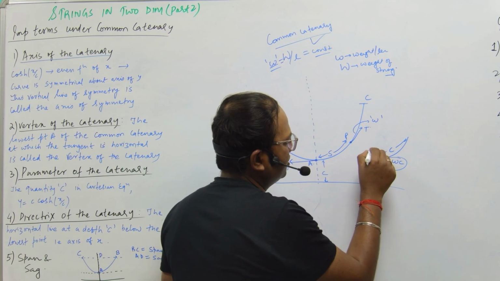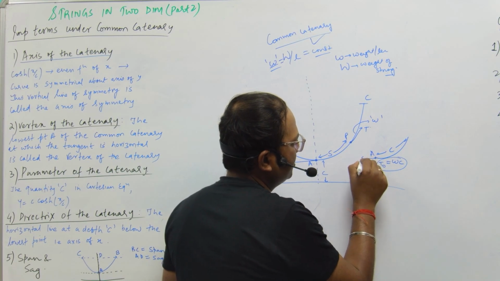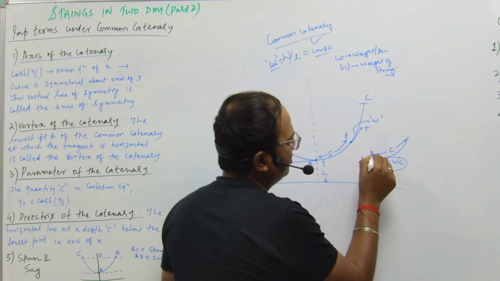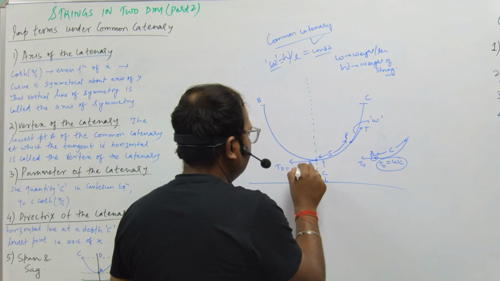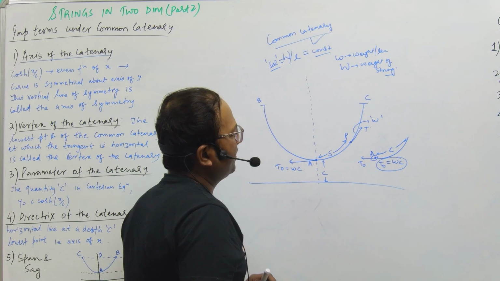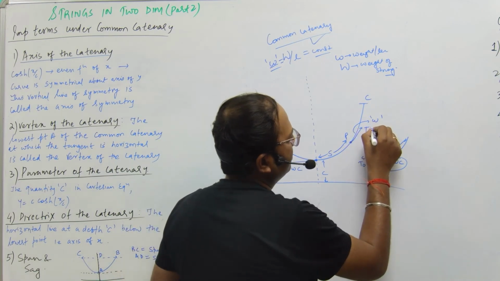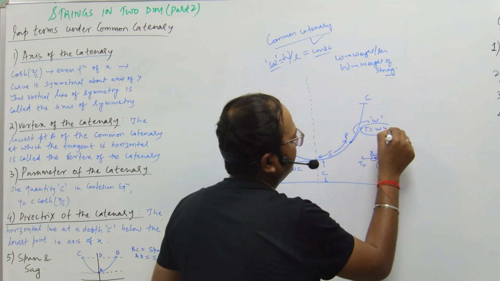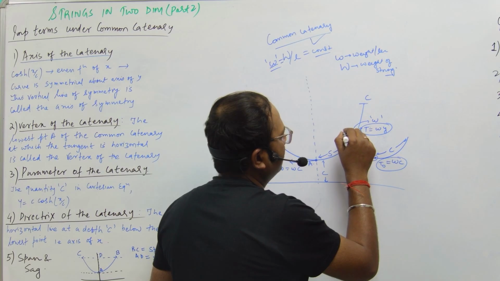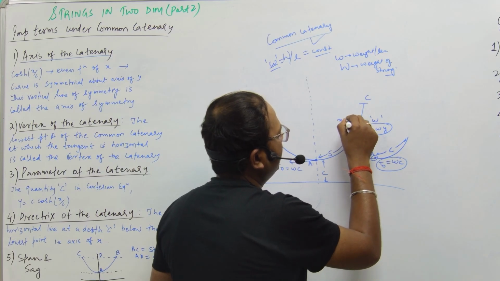T naught is the tension at the lowest point, which is A. The tension at the lowest point is equal to the weight of c length of the string, so T naught is wc. The tension T is equal to weight per unit length into y. Let us consider the coordinates of this point P as x comma y.